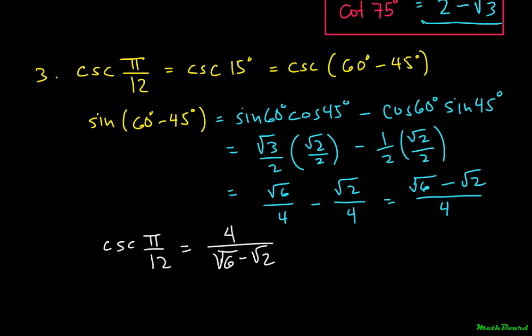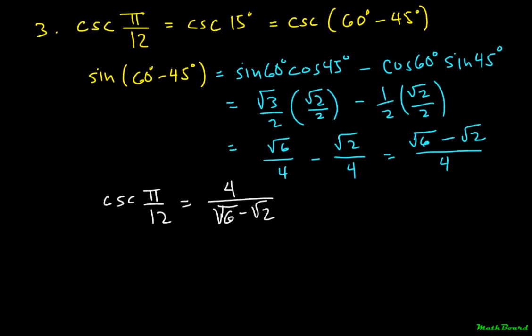If you want to simplify, we can multiply by the conjugate. So 4 over square root of 6 minus square root of 2. You multiply by the conjugate, that's square root of 6 plus square root of 2 over square root of 6 plus square root of 2.